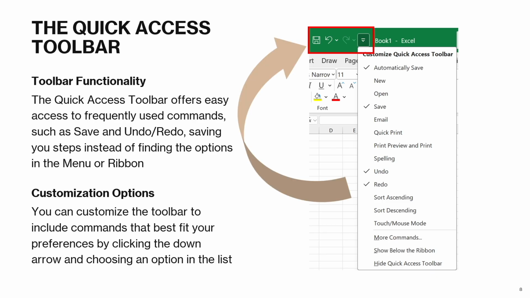So that allows customization. You can customize the toolbar to include commands that best fit your preferences. And then once you click the down arrow, you can select the option in the list based on the items that you save to your quick access toolbar.